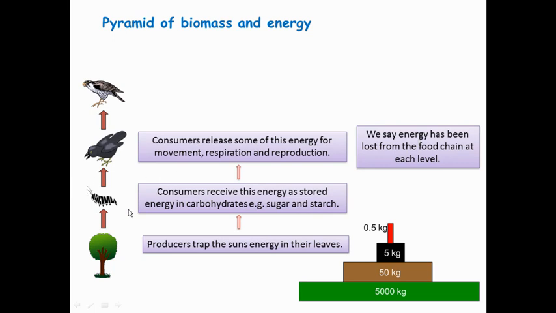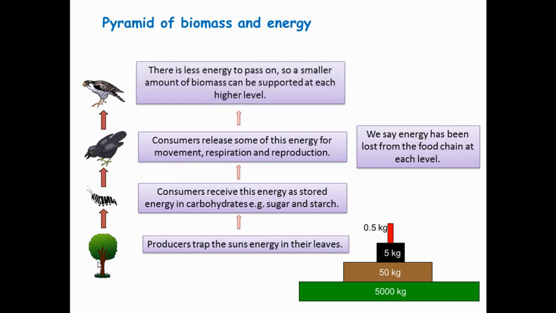That caterpillar is moving, is respiring. It needs to use some of that energy. So that chick isn't going to get all of the energy that the caterpillar got from the tree. So there's less energy to pass on, so a small amount of biomass can be supported at each level.